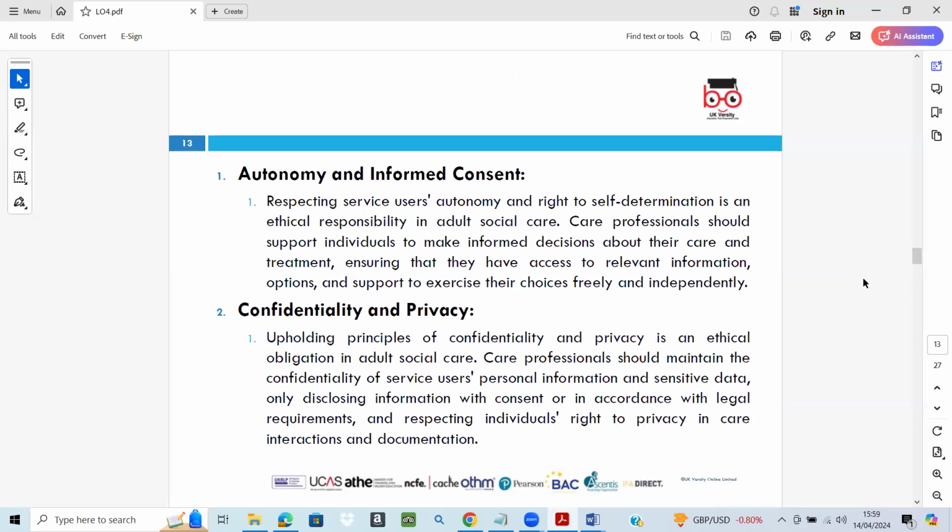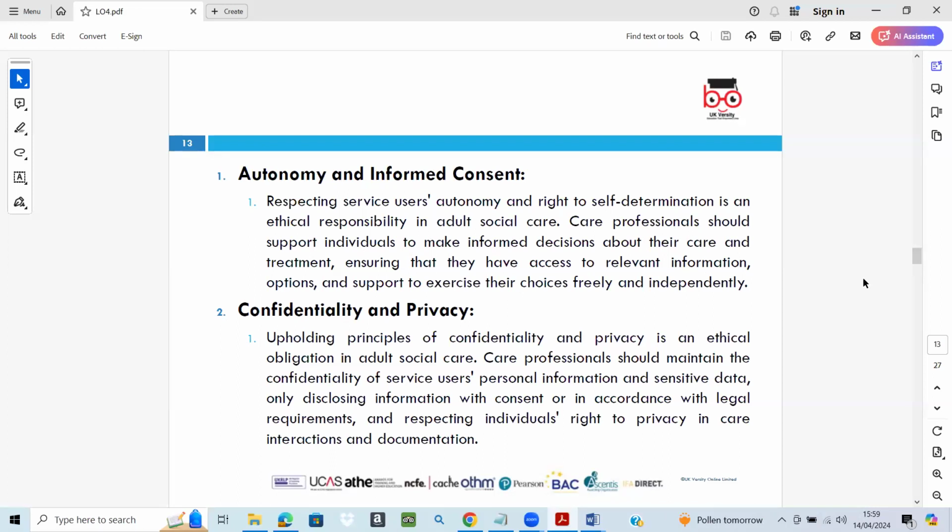Then we have autonomy and informed consent, and confidentiality and privacy. We have to discuss two more ethical responsibilities. Autonomy is about respecting the individual's right to make their own decisions, and this is fundamental in social and healthcare.